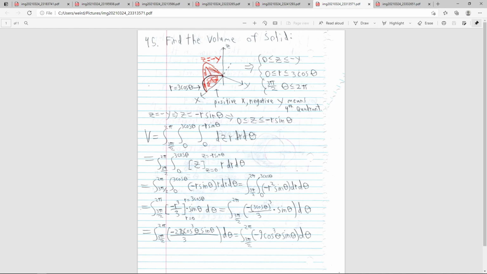So you get negative 27 because that's 3 cubed. So negative 27 cosine cubed theta sine theta divided by 3, and that can be simplified down to just negative 9 cosine cubed theta sine theta d theta.